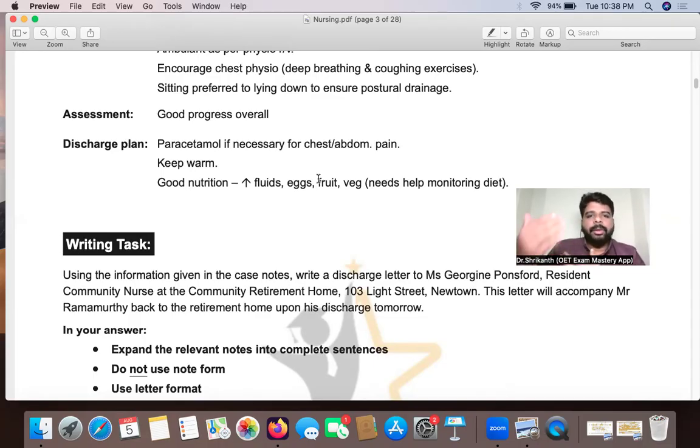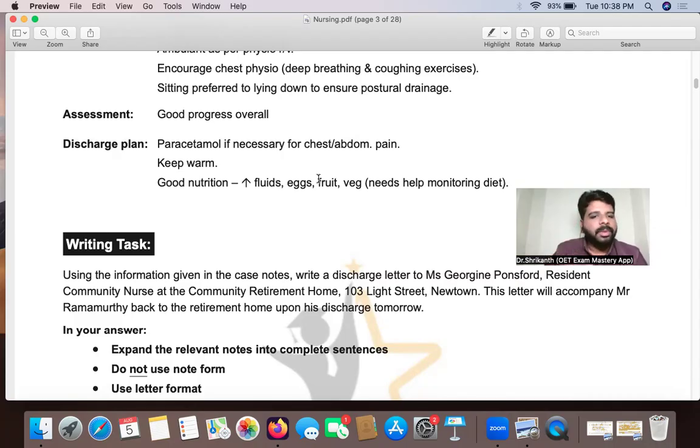When you write that type of letter, the patient's life is in danger, because depending upon this letter only, the patient is going to get treatment in the future. So the patient's life is depending upon this letter.